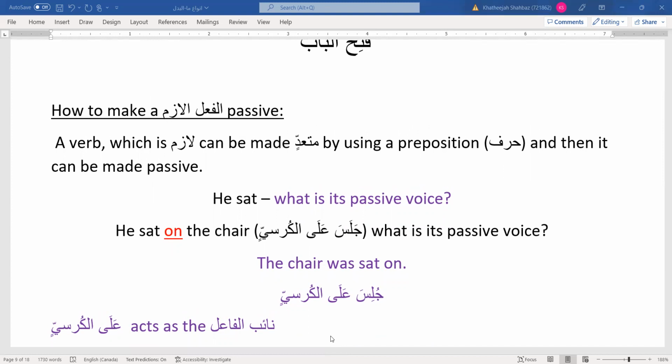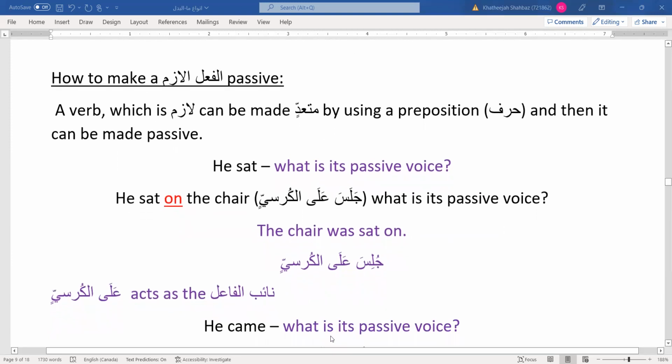So we have to keep the ala with it. Alal kursi is actually jar majroor, but it is acting like a naibul fa'il here. The chair was sat on. So alal kursi acts as the naibul fa'il.